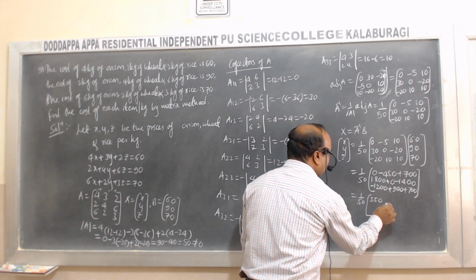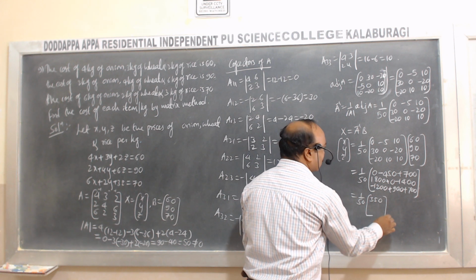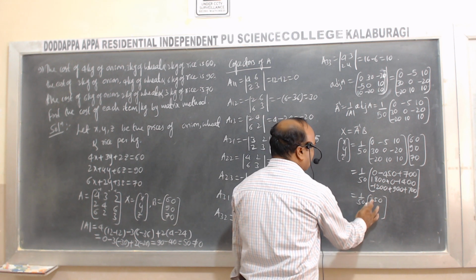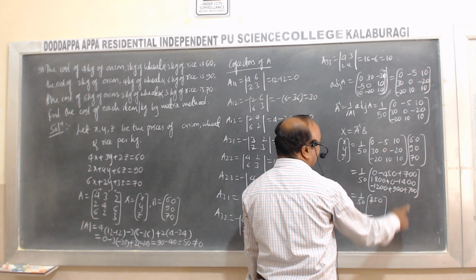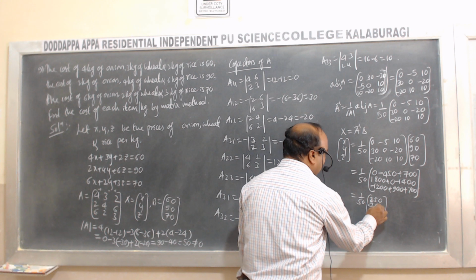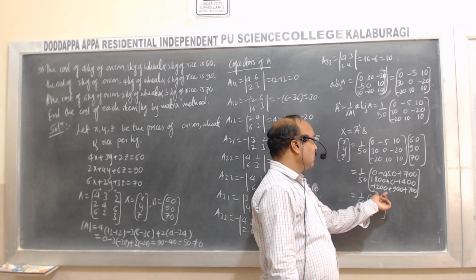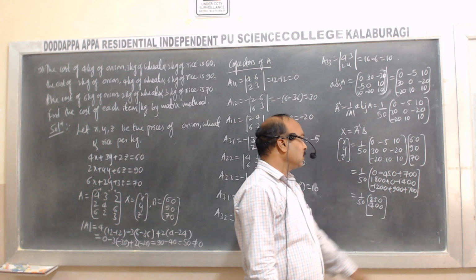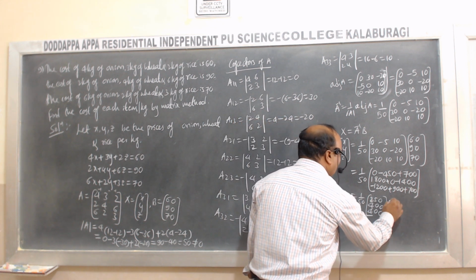Subtracting this one, it is 250. Next 1800 minus 1400, 400. Next minus 1200 plus 900 plus 700, 1600 minus 1200 is 400.